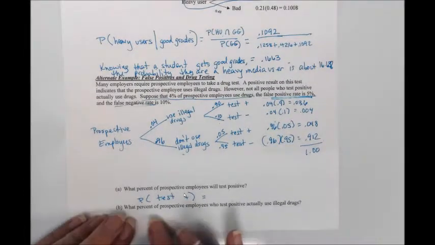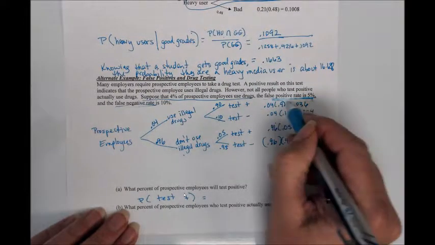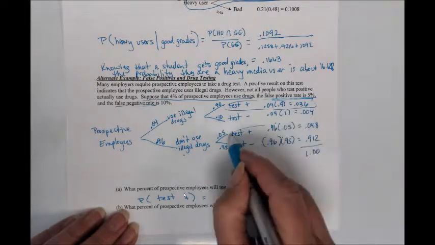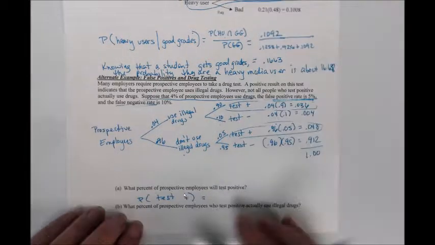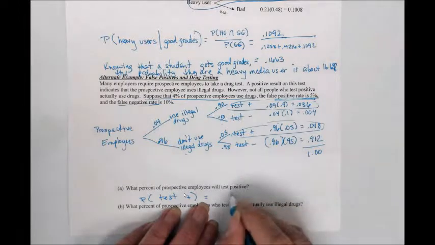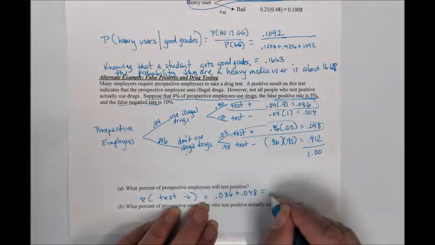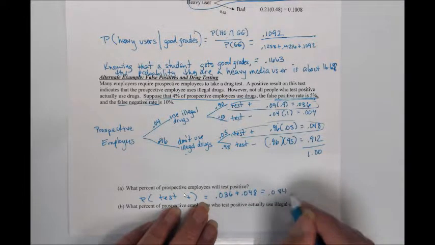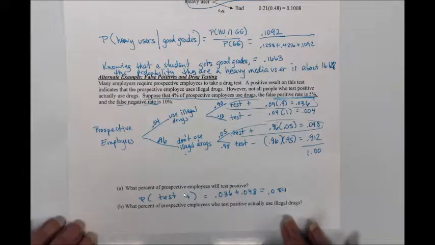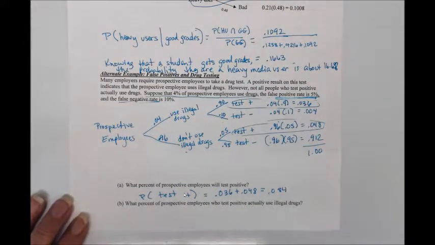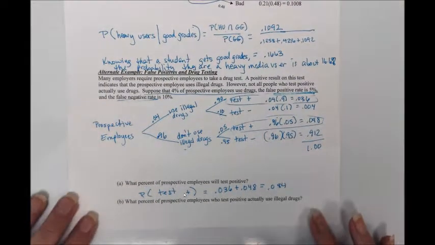So testing positive are these 2 groups. If I have my tree diagram, all I have to show here is that I'm adding 0.036 plus 0.048, and that ends up being 0.084. So about 8.4% of these employees will test positive.